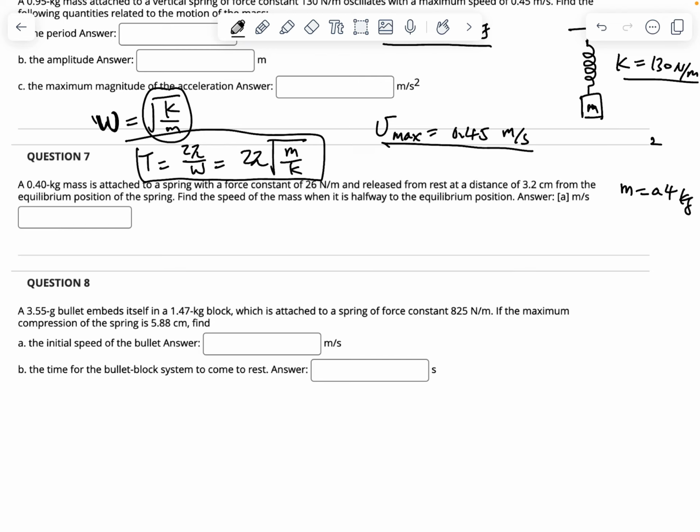So this mass attaches to the spring with K equal to 26 Newton per meter. It is released from rest at a distance from the equilibrium location. So basically you start from here, and assume this x is 0. You start with x equal to A equal to 3.2 centimeter, 0.032 meter.